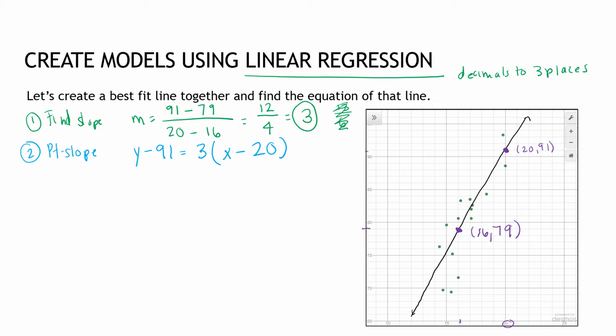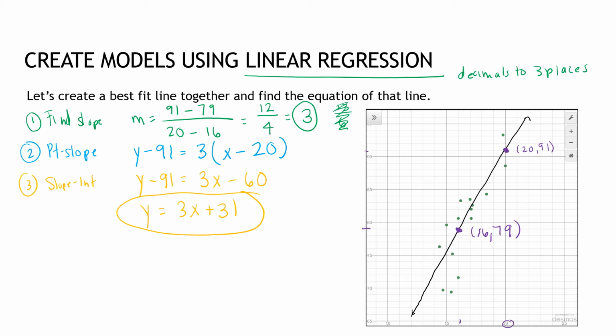And then I'm just going to keep going because my goal is to turn this into slope-intercept form. So basically just do the math. I have y minus 91 on the left. I distribute to get 3x minus 60. I'm going to add 91 to each side to get 3x plus 31. And that is my equation.